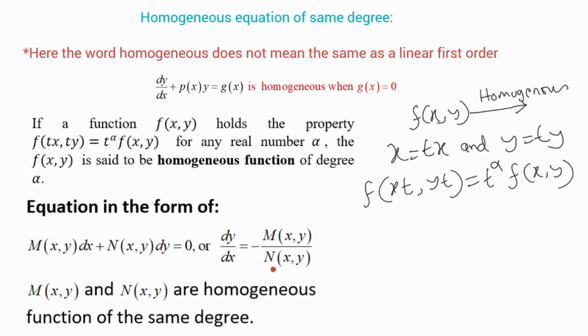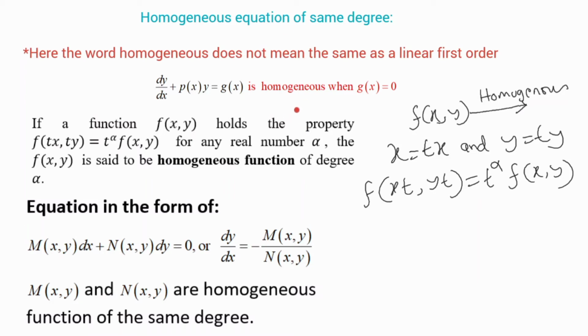Similarly, all the terms of N are of the same degree. That means we have to make sure that this M and this N are homogeneous functions with the same degree, then we call this a homogeneous differential equation.